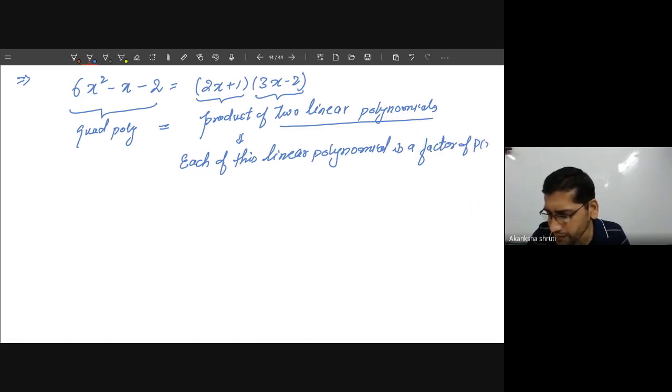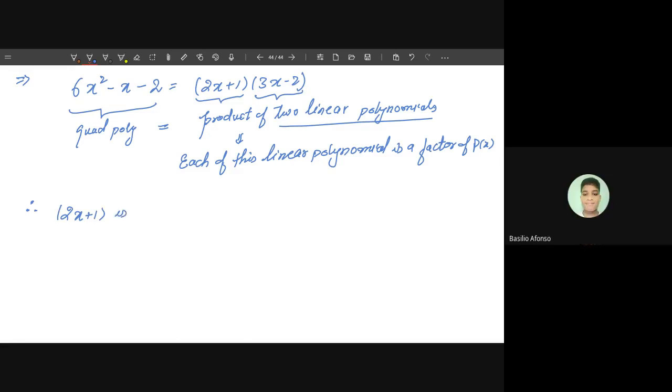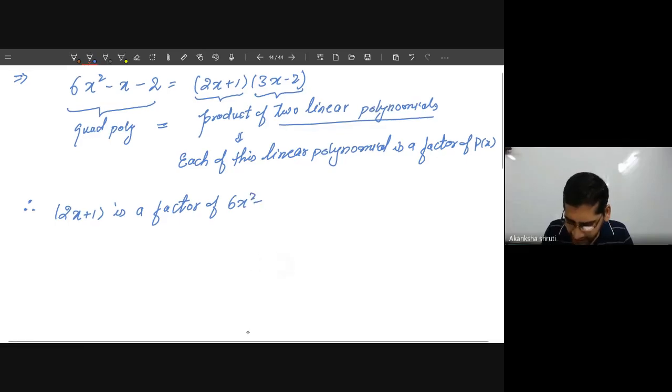Each of these linear polynomials is a factor of the polynomial p(x). Therefore, if anyone is asking whether 2x plus 1 is a factor of 6x square minus x minus 2 or not, yes, it is a factor of 6x square minus x minus 2.